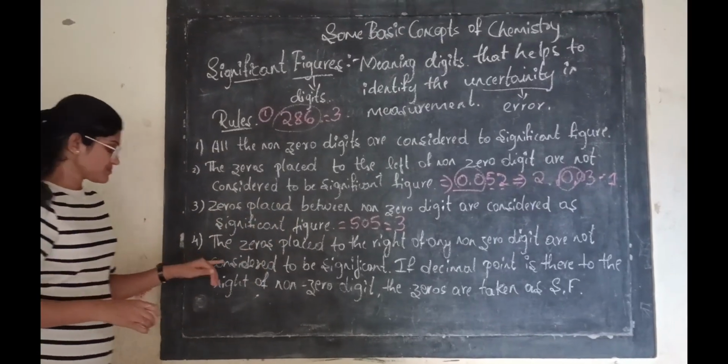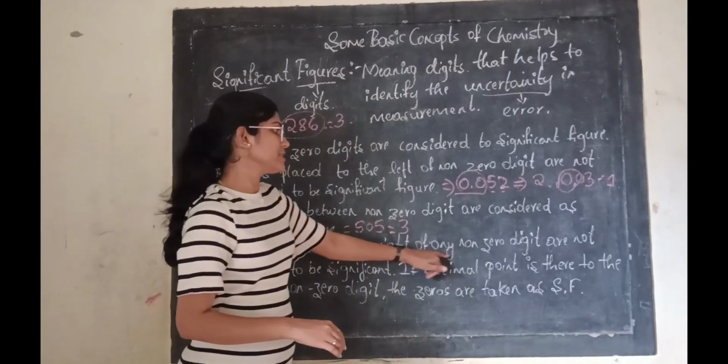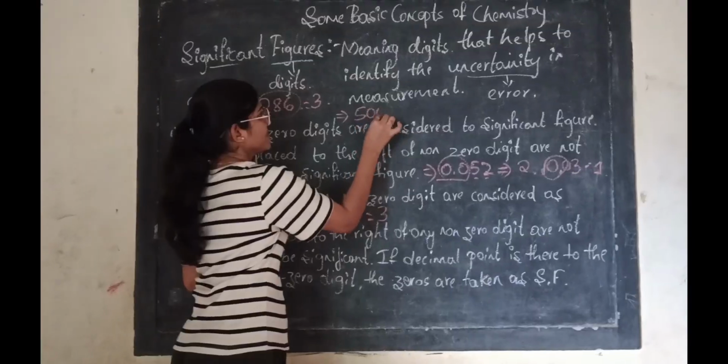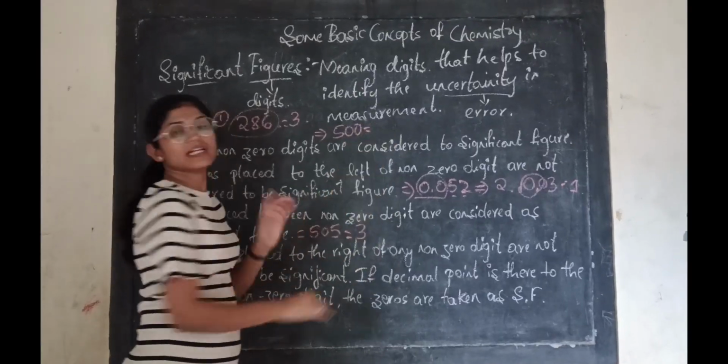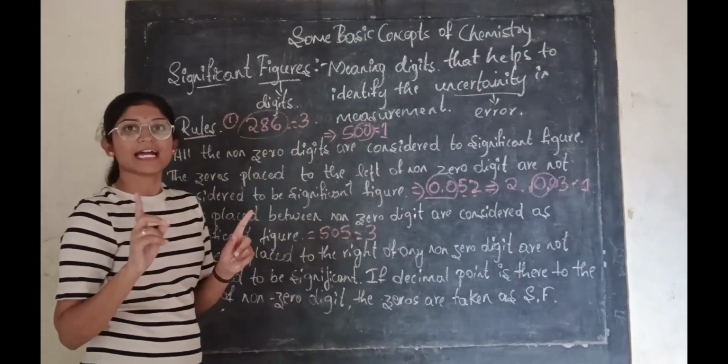The fourth rule is that zeros placed to the right of a non-zero digit are not considered significant. In this case the number of significant figures will be only 1. These two zeros are not considered.